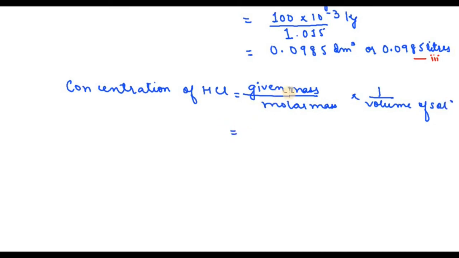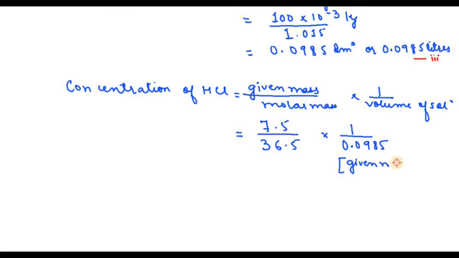So we know the given mass from the equation 1 that we have calculated is 7.5 grams, and the molar mass of HCl is, we know it is 36.5 grams, and the volume of solution we just calculated here is 0.0985. So we can write it here as given mass is from equation 1.